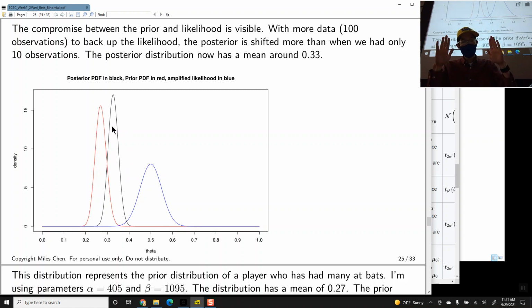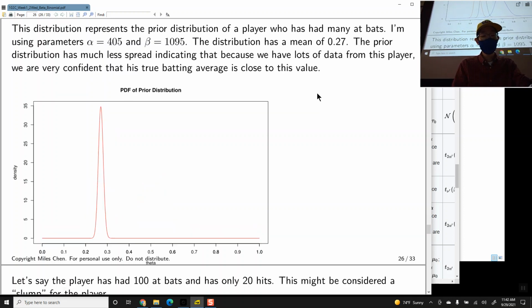And so it gets more narrow, which means it also gets more pointy, taller, okay? And so now the posterior distribution has a mean closer to around 0.33, okay? Is that good? Okay.